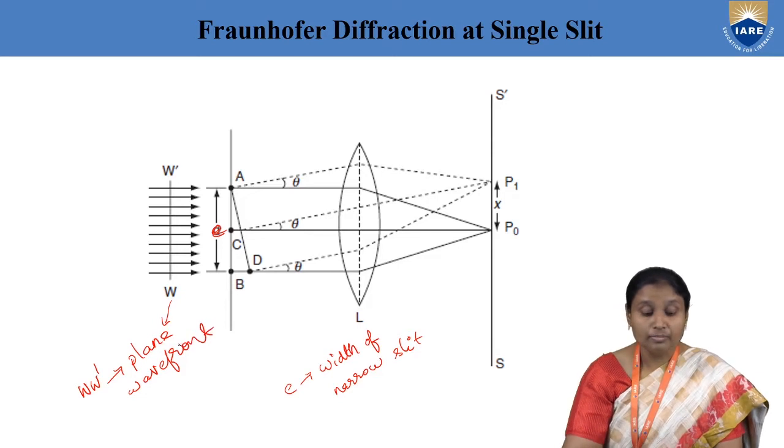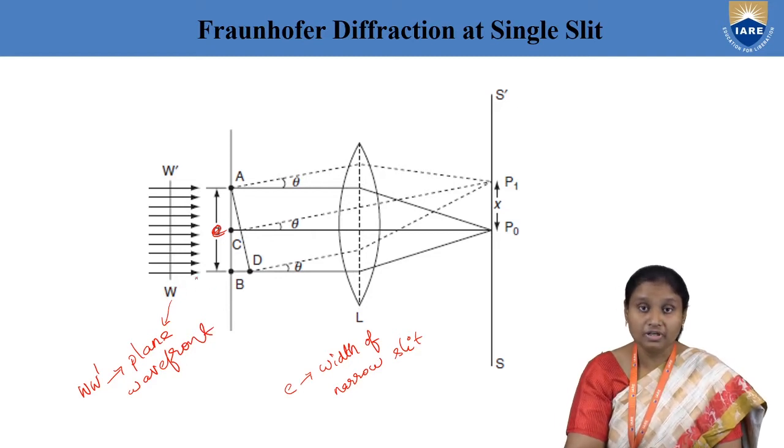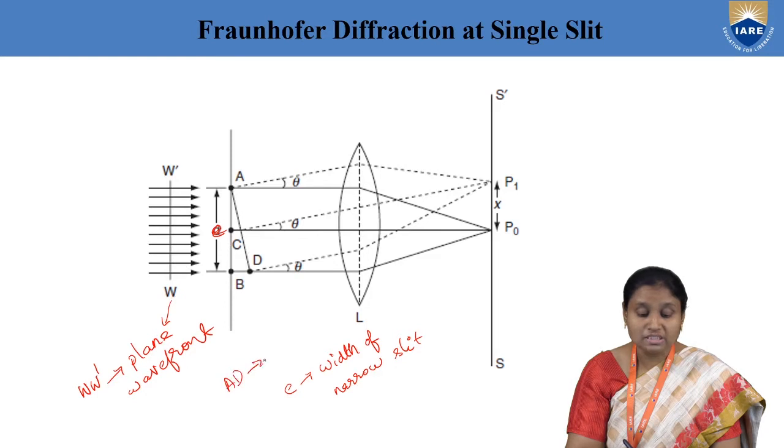So this is our plane wavefront. And I told you that in case of a plane wavefront, the direction of propagation of light is perpendicular to the plane wavefront. Now, this plane wavefront is made to fall on AB, our narrow slit.